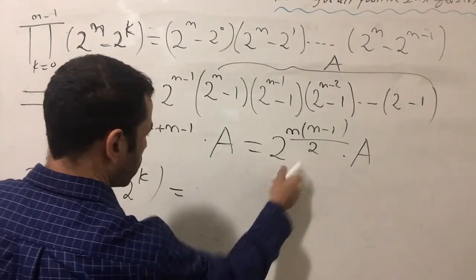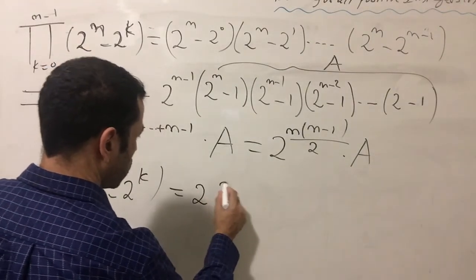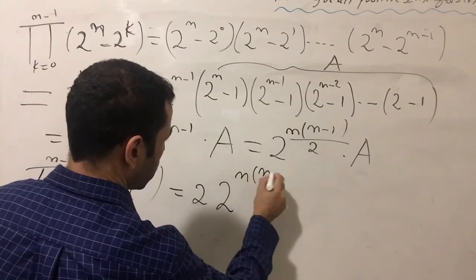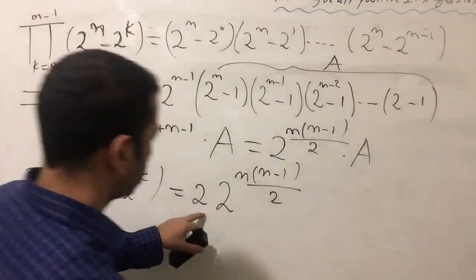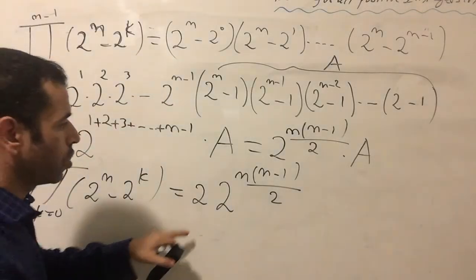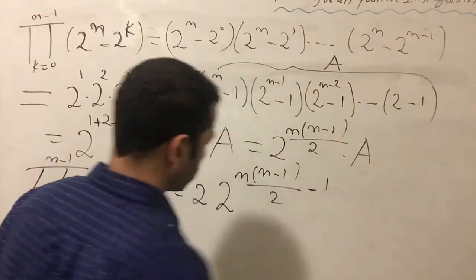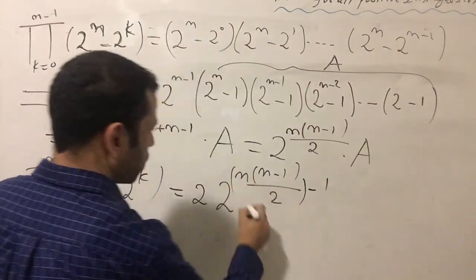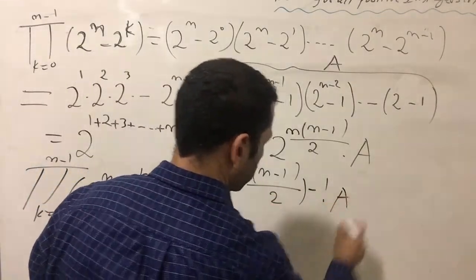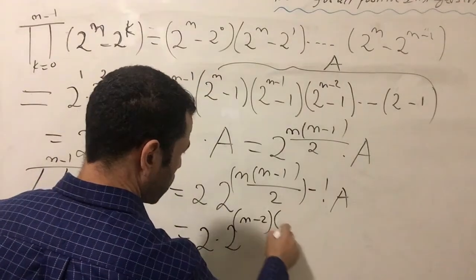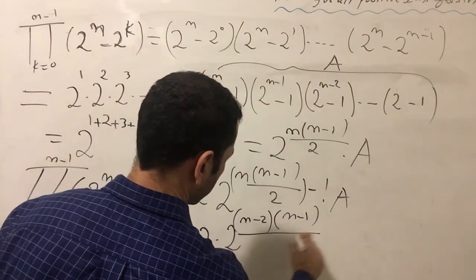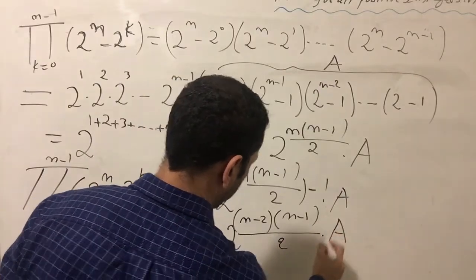I'm going to pull out the number 2 from here, 2 to the n minus 1 over 2. If I'm taking the number 2 from here, I put minus 1, multiplied by capital A. If you distribute, this gives you 2 to the n minus 2, multiplied by n minus 1 over 2, multiplied by capital A.